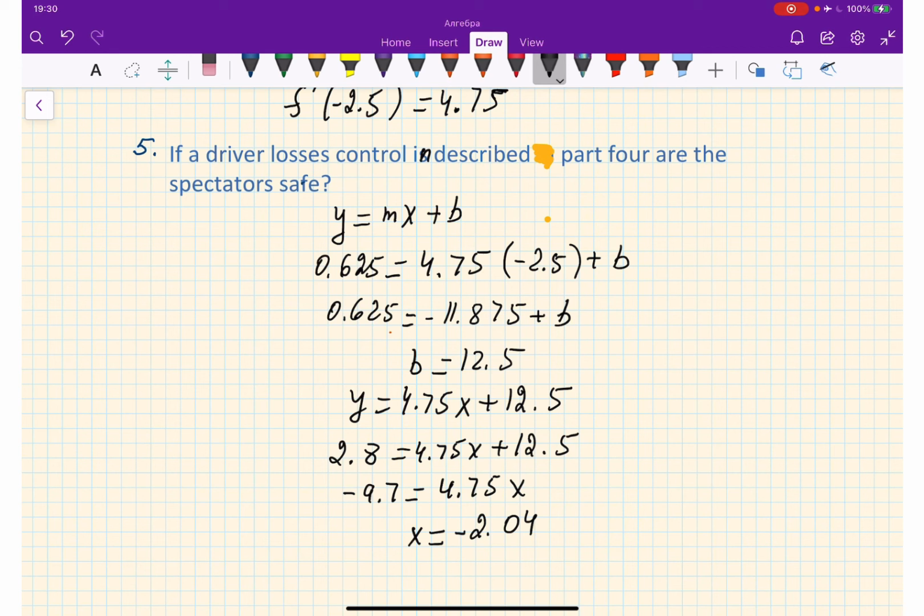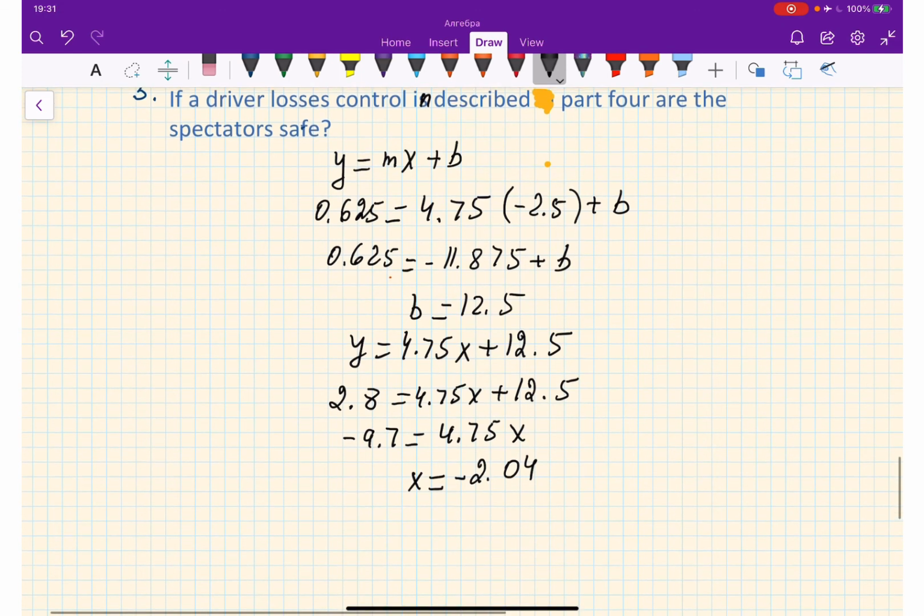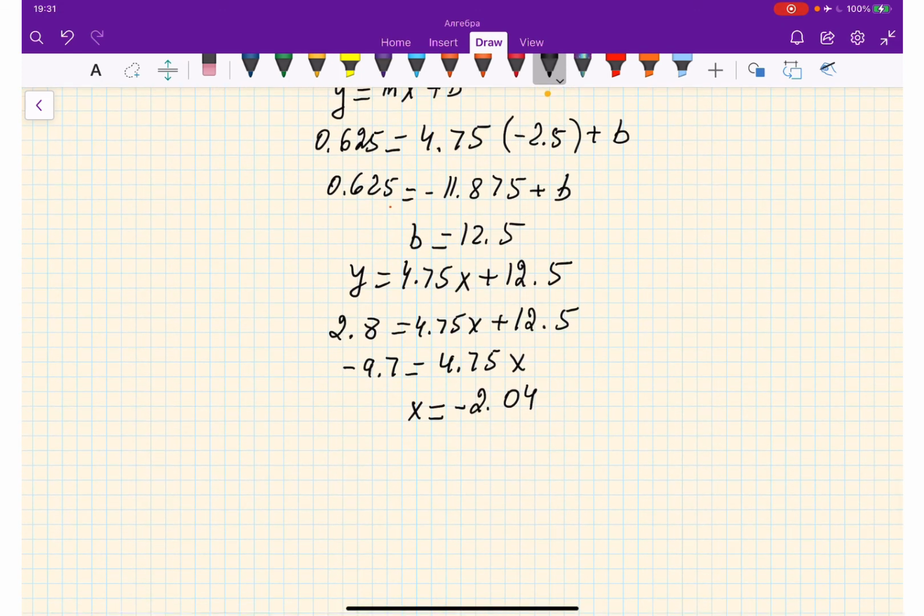And x is equal to negative 2.04. So under this scenario, the spectators are not going to be safe. Why? Because when y is equal to 2.8, x is going to be negative 2.04 comma 2.8.